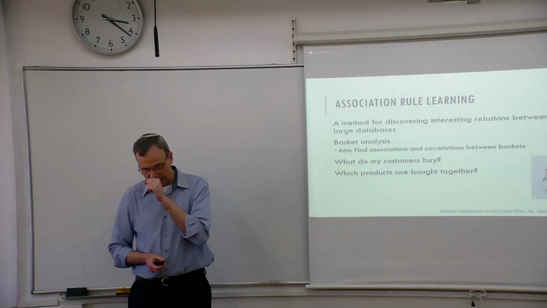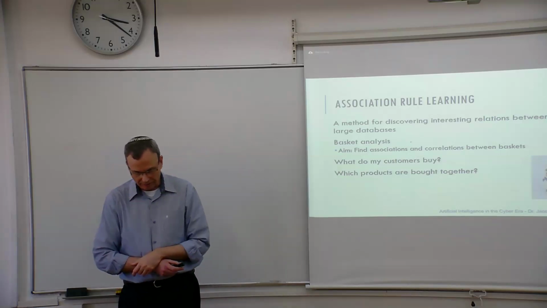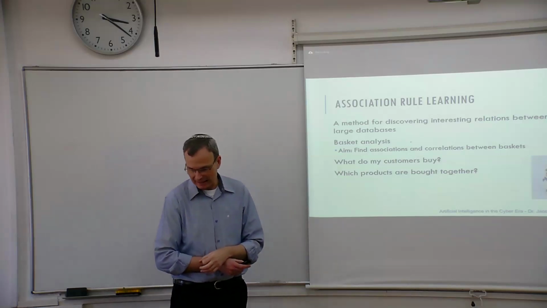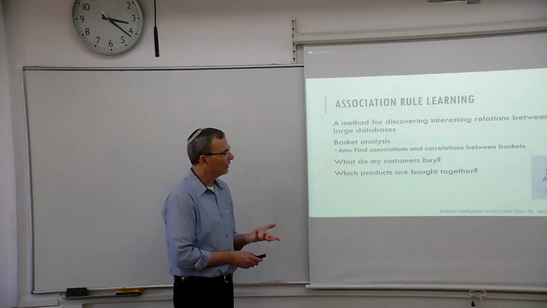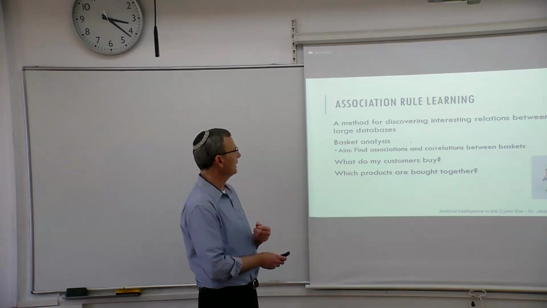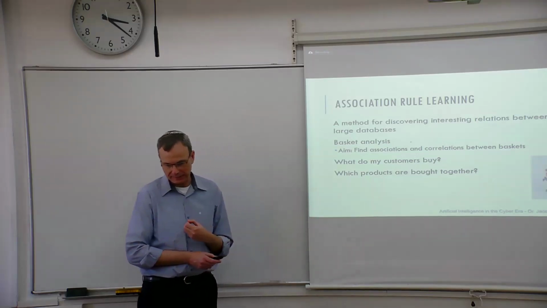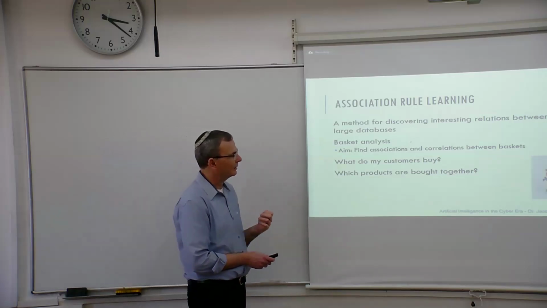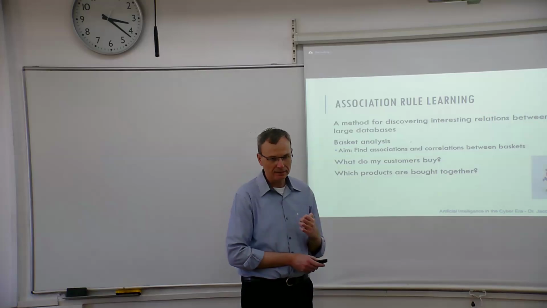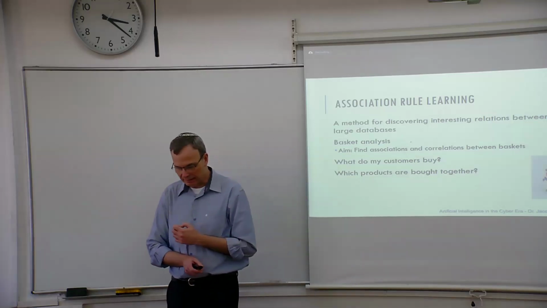Association rules are a method to discover relationships inside the data that we have. In this method, we look at variables in very large databases. It is easy to explain this by the concept of basket analysis, meaning grocery basket.